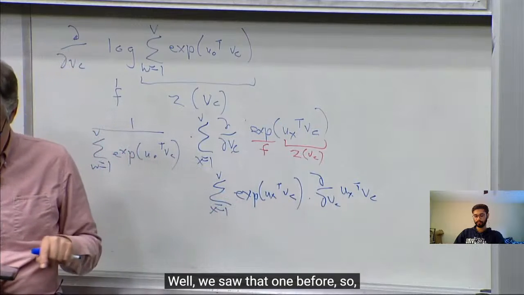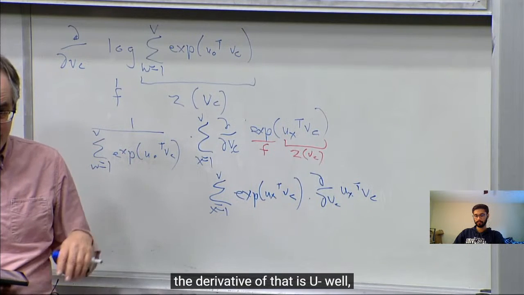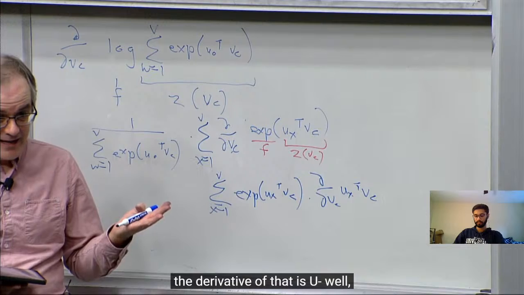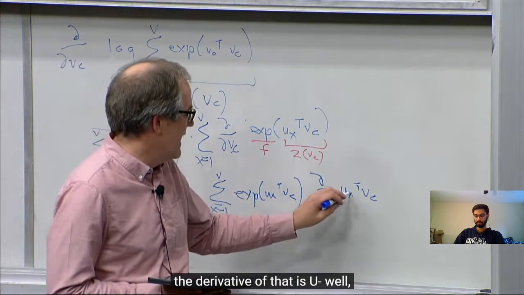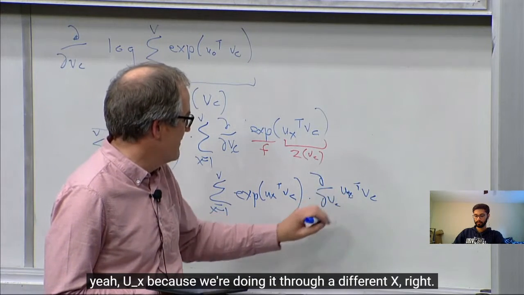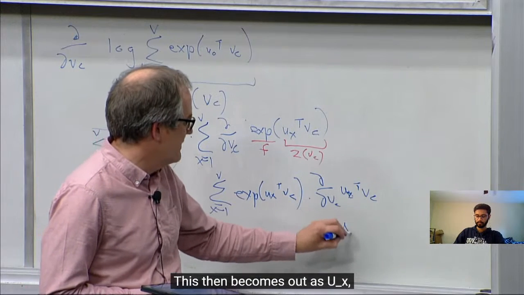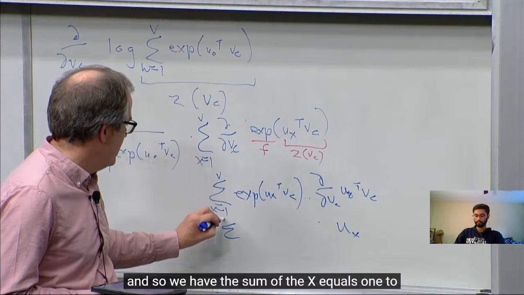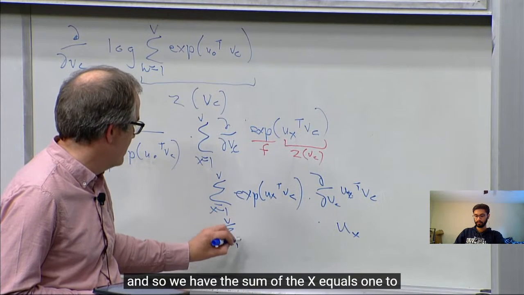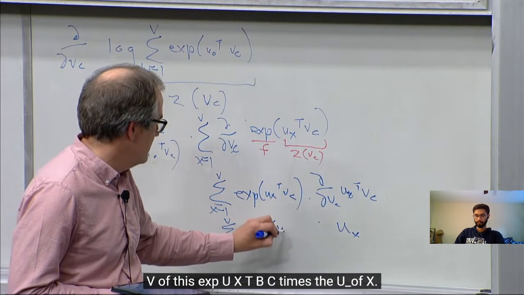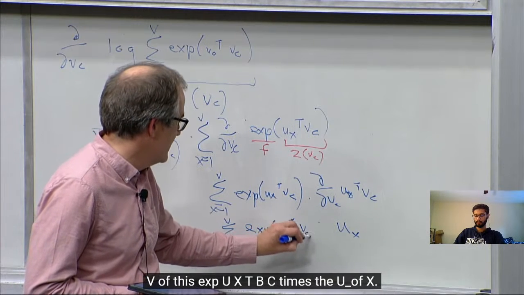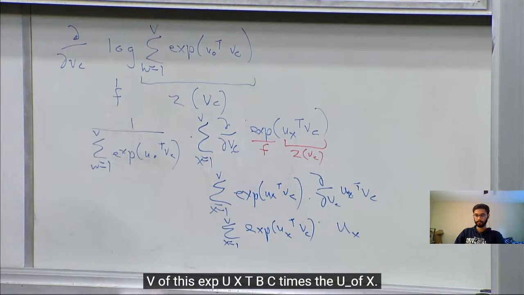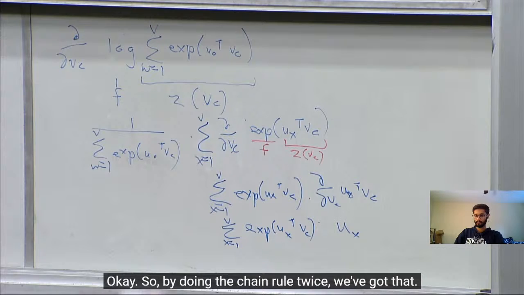Well, we saw that one before, so the derivative of that is u_x, because we're doing it for the different x, right? So this then comes out as the sum of x equals 1 to V of exp of u_x^T v_c times the u_x. Okay, so by doing the chain rule twice, we've got that.